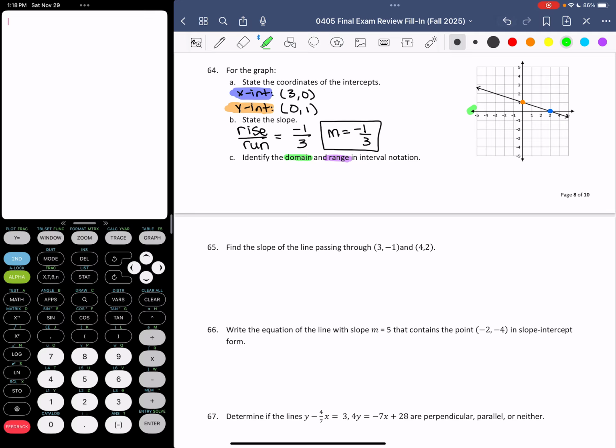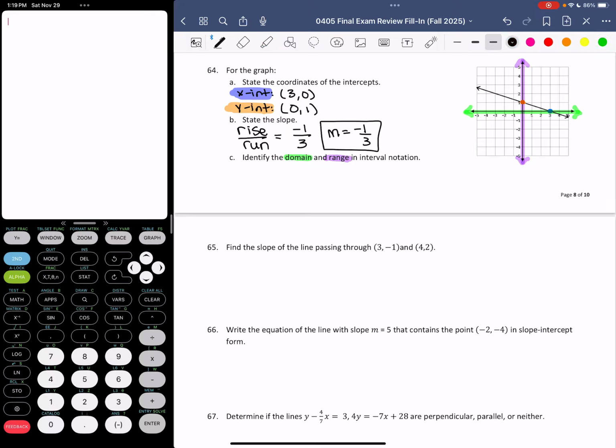Oops, let me do the skinny one. It goes forever to the left and forever to the right. So your domain is going to be -infinity to infinity. And your range, same thing, right? It goes forever down, and then it goes forever up because of the arrows on both sides.